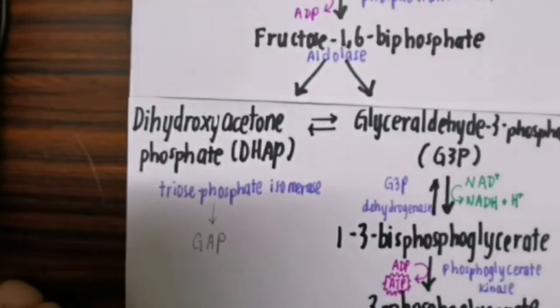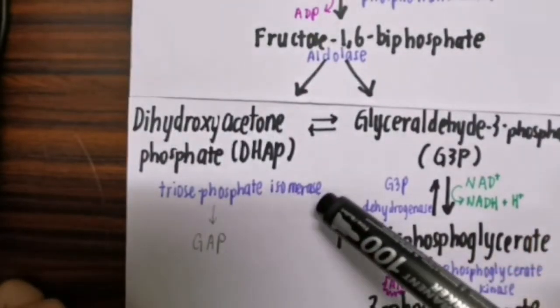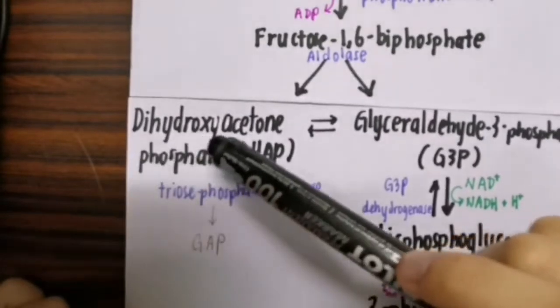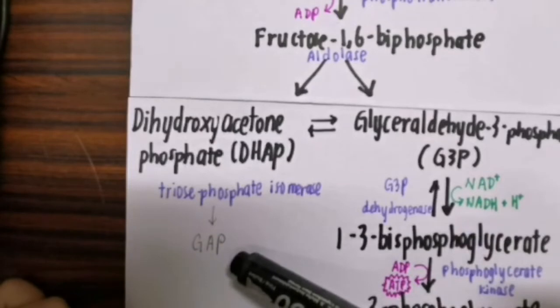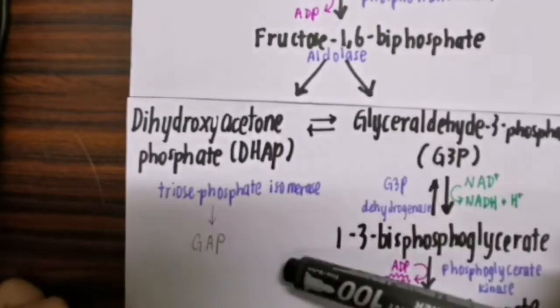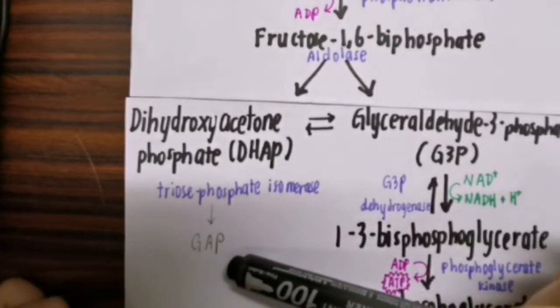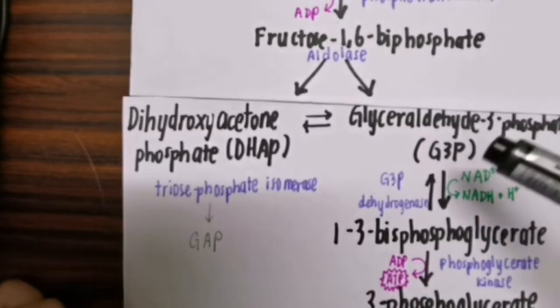Step 5 is the enzyme triose phosphate isomerase converts dihydroxyacetone phosphate into GAP. These isomers are interconverted. GAP is the substrate needed for the next step of glycolysis.